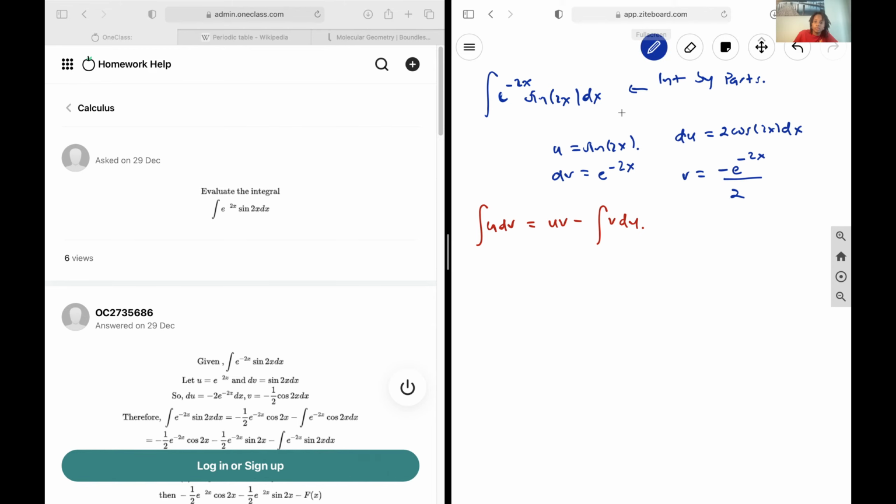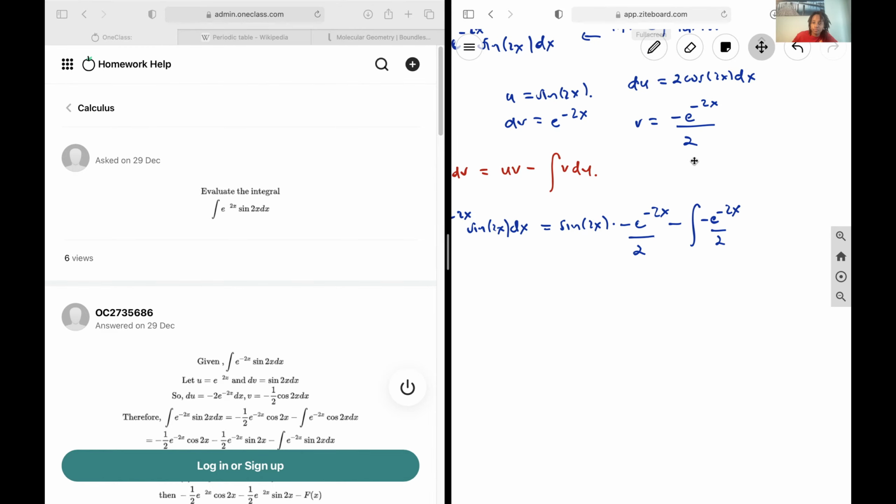Let's go ahead and plug in our values. The integral of e to the power of -2x sine 2x dx is equal to sine 2x multiplied by negative e to the negative 2x over 2 minus the integral of negative e to the negative 2x over 2 into 2 cos 2x dx.